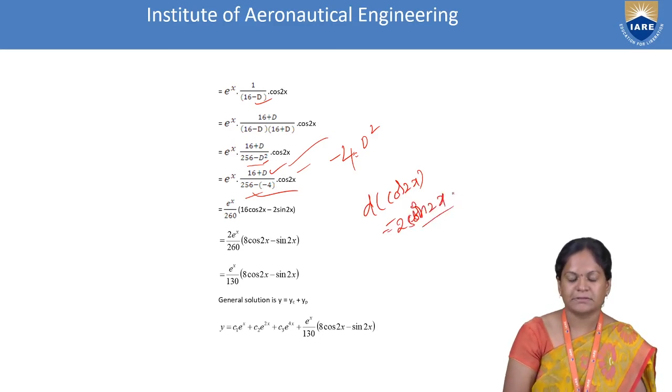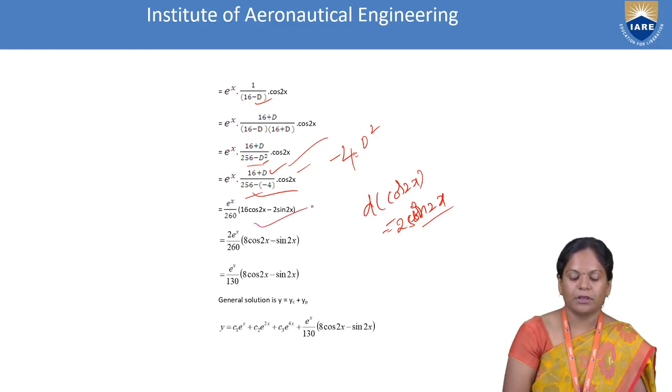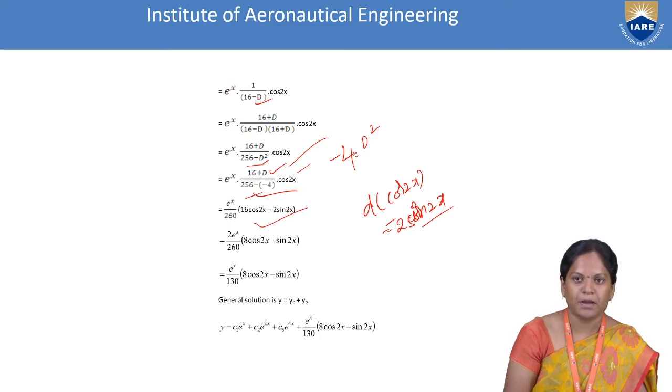Differentiation of cos only gives minus sin. So we have e power x by 260 into 16 cos 2x minus 2 into sin 2x.